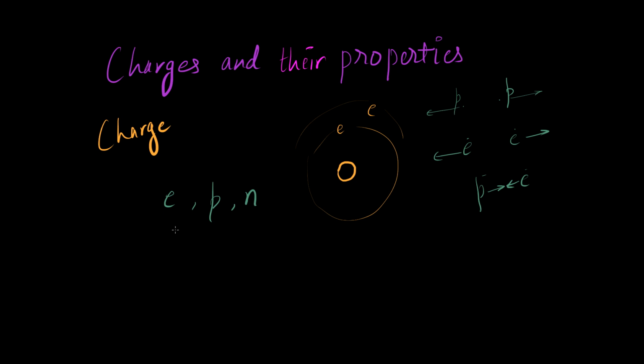So conventionally we call the type of charge on protons positive and the type of charge on electrons negative. And neutrons are neutral, so if you keep neutrons near to any of these particles, no electrical activity is going to happen.